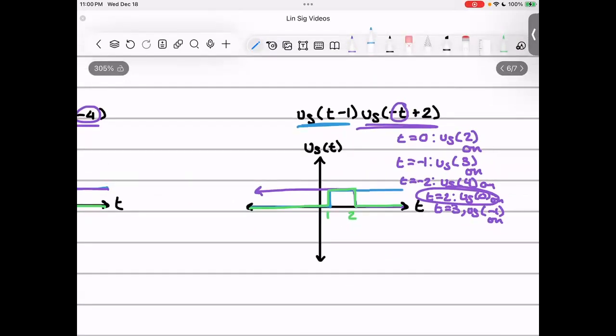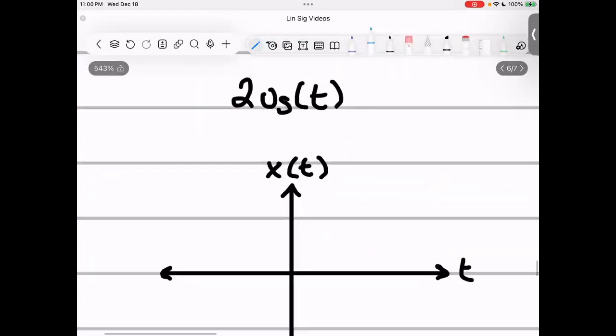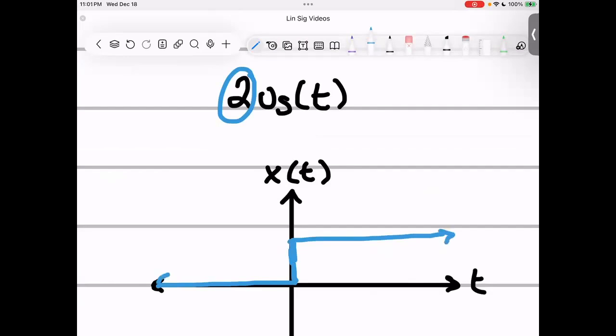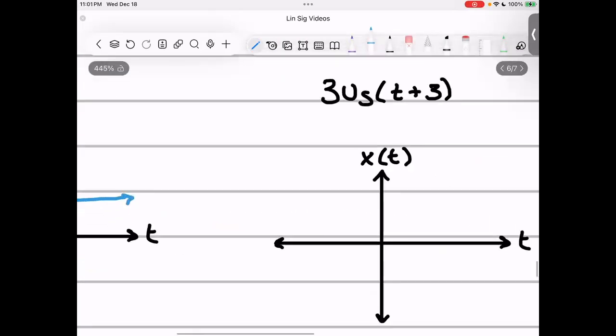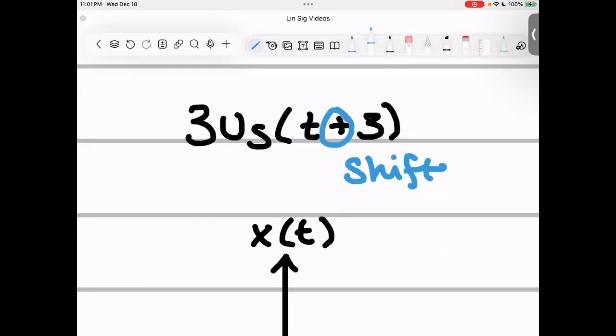Okay, let's do a few more examples. 2 times the unit step of t. So remember that the unit step goes nothing, nothing, nothing, and then it becomes 1 here. But since it's multiplied by 2, we're going to actually make this 2, and then it's going to keep going on its merry little way. 3 times the unit step of t plus 3, here we have a plus, so we're shifting to the left this time.